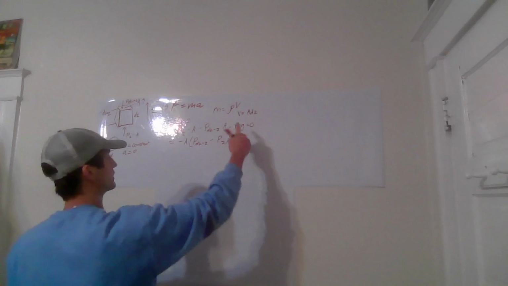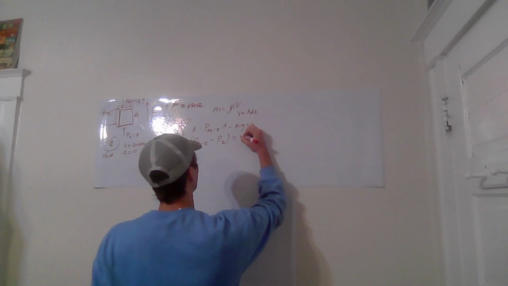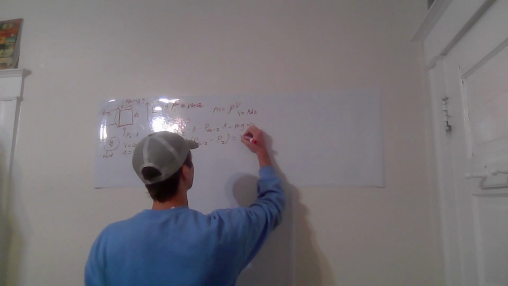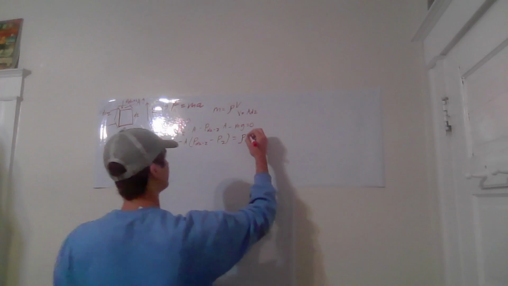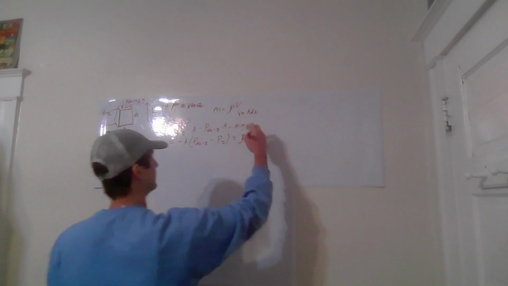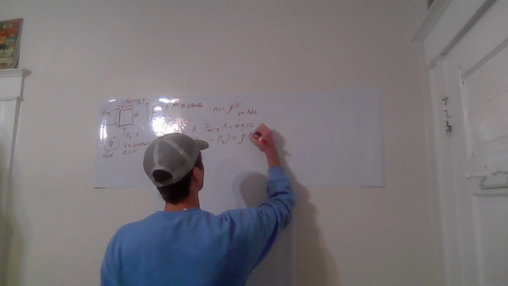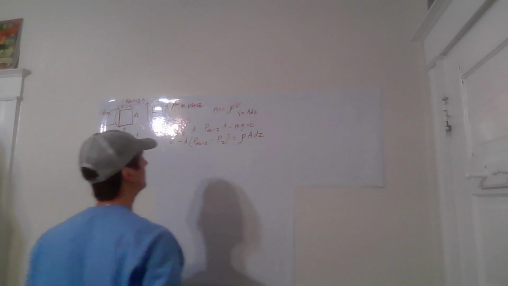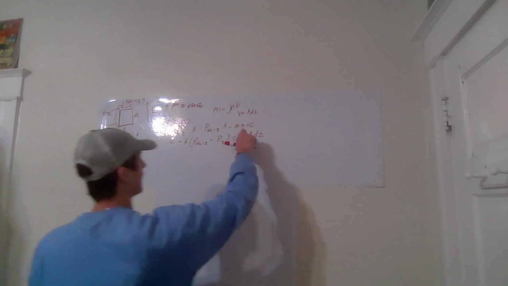But our mg is going to turn into our density times our volume, which is A dz, and then times the gravity.